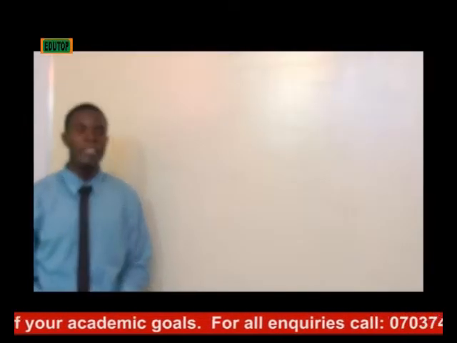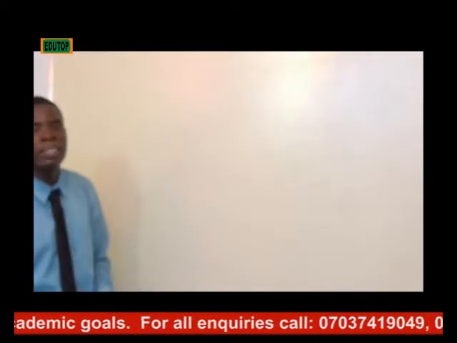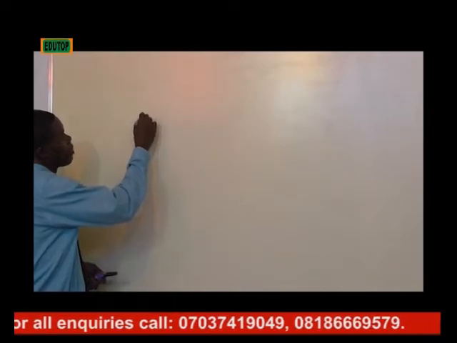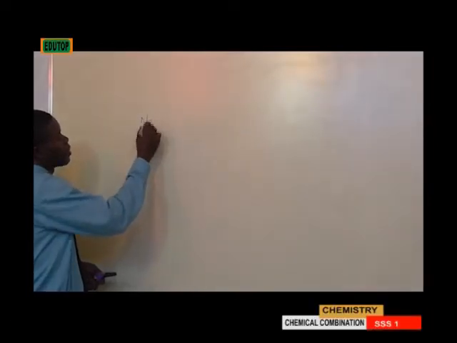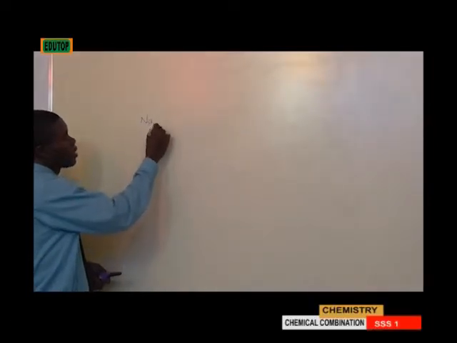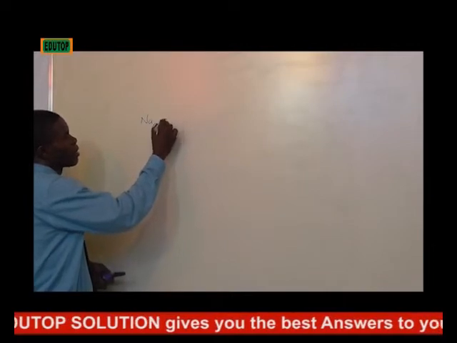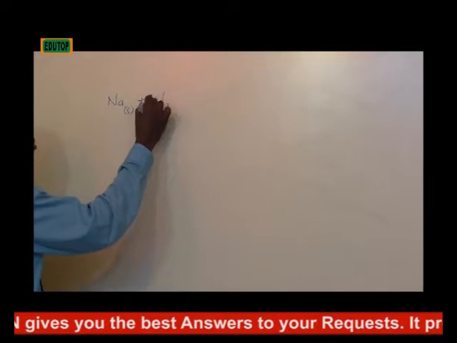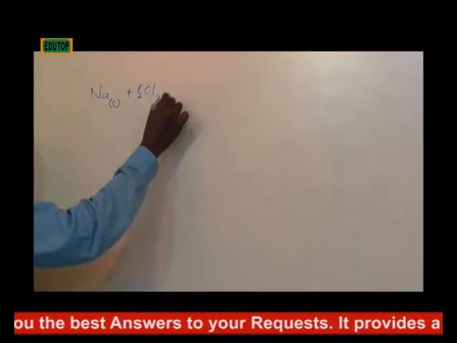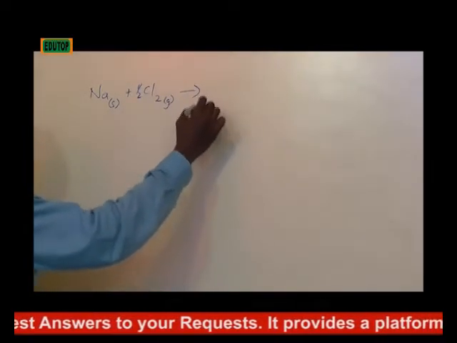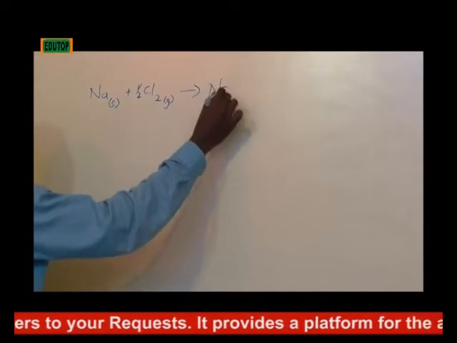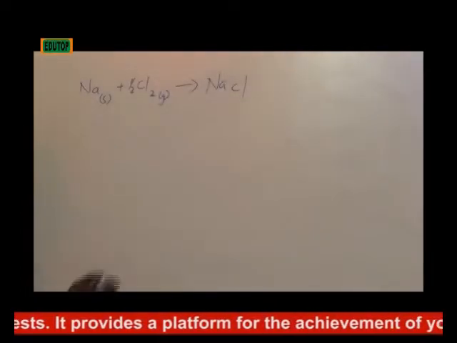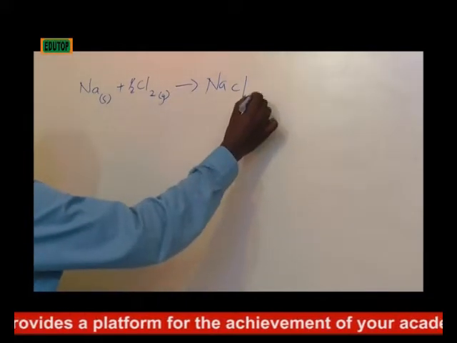A typical example of that is sodium in the solid state combined with half a mole of chlorine in the gaseous state to give you sodium chloride in the solid state.